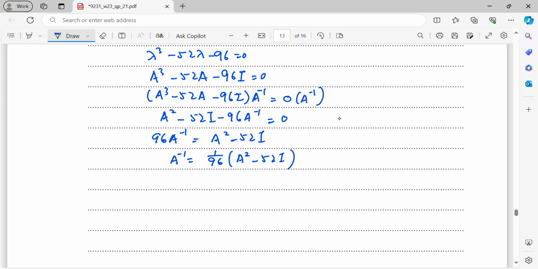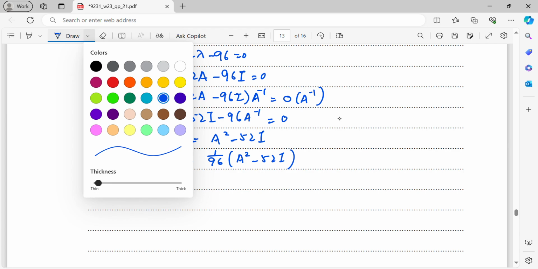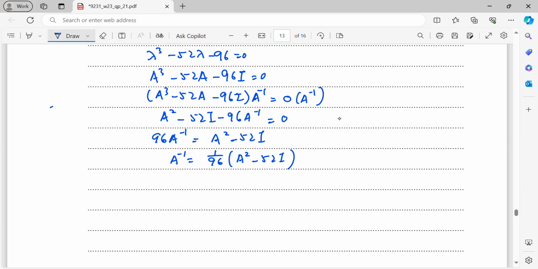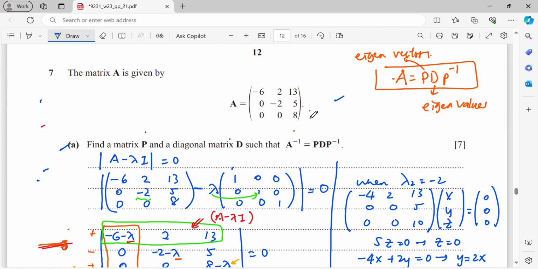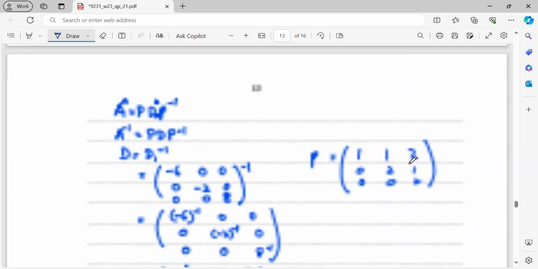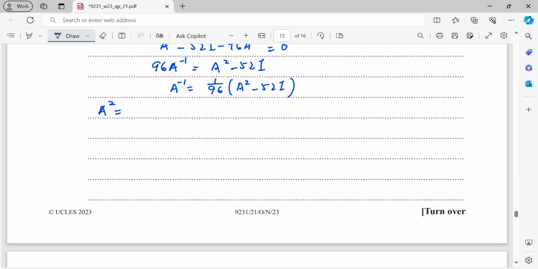Okay, so now what is my A squared? So basically, I will just solve the A squared. A squared, you copy back from this matrix, right? So I will write here, minus 6, 2, 13, 0, minus 2, 5, 0, 0, 8.